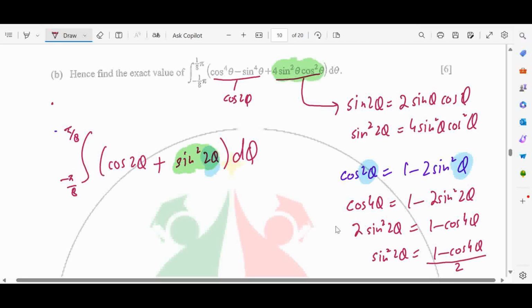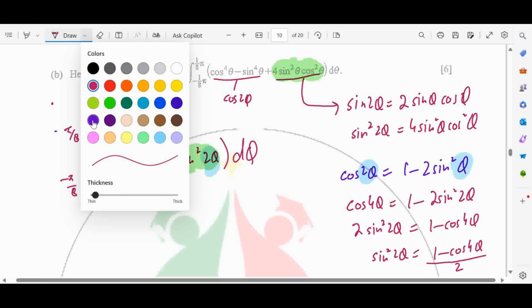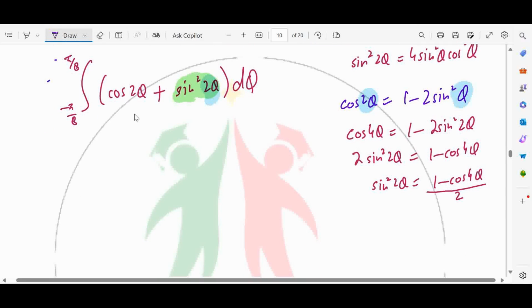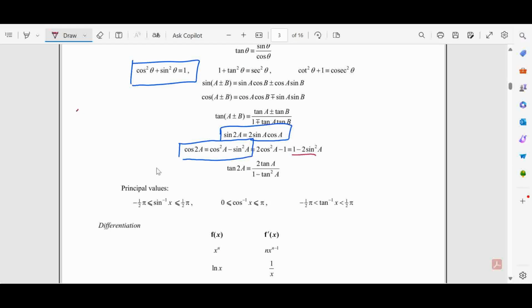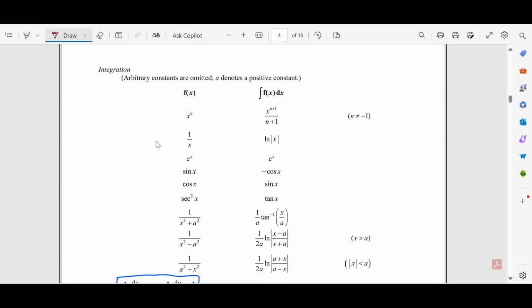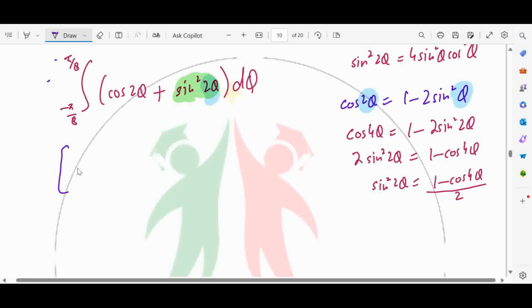Now what we can do is, cos 2 theta plus sine square 2 theta. Now if we integrate it one by one, what is the integration of cos 2 theta? Integration of cos of x is sine of x. Okay, it means sine of 2 theta divided by 2, because we have to write the coefficient of x in the denominator.